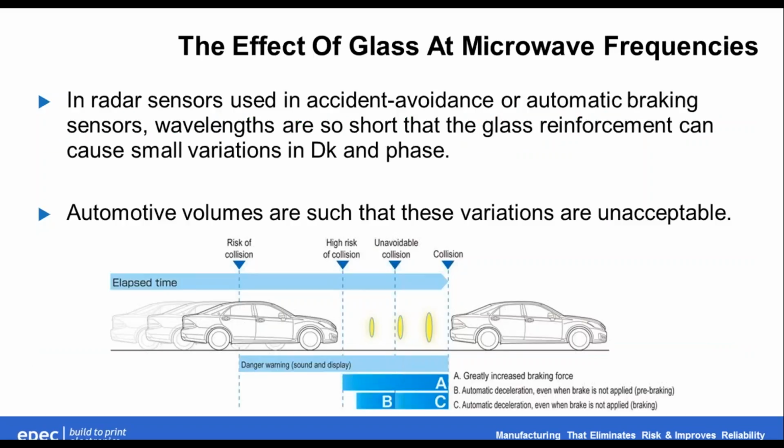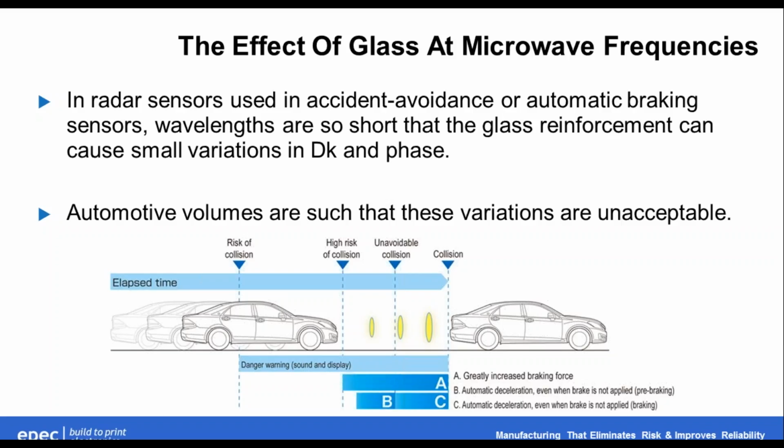And here's kind of an application note, just showing one application you might have, the effective glass at microwave frequencies. In radar sensors that are used in accident avoidance and automatic braking sensors, the wavelengths are so short that just the effect of the signal passing over the glass reinforcement that's embedded in the material can cause small variations in dielectric constant and phase.